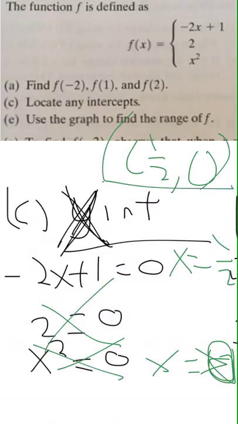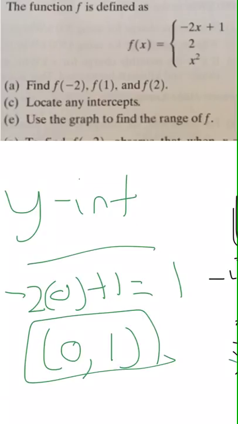So the only x-intercept is at 1/2, 0. Now for the y-intercept, you plug in 0 for x. Since 0 is contained in the first interval from negative 3 to 1, you plug it into negative 2x plus 1, and you get that there's a y-intercept at the point 0, 1.